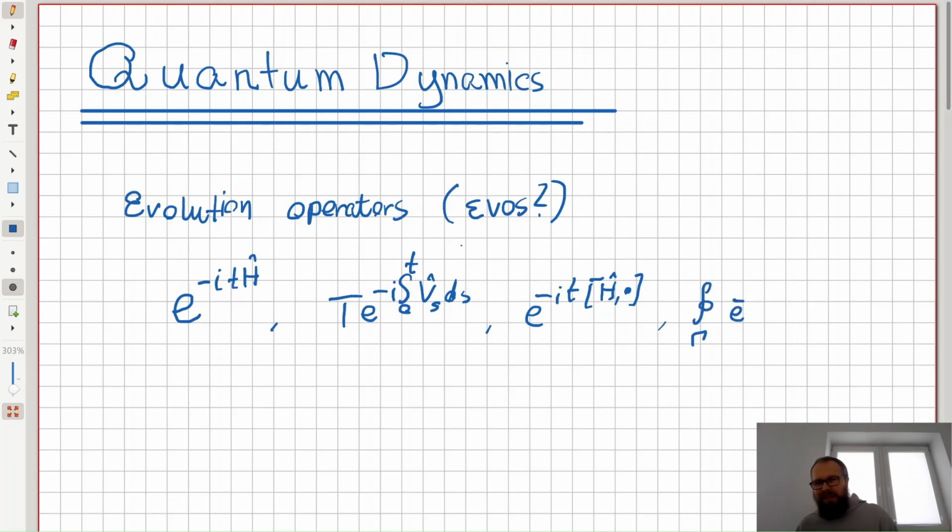So stuff like this: the integral over z of e^{-izt}, the resolvent (z·identity minus H)^{-1}, dz over 2πi. I don't know if you have seen this kind of beast, but this is also an evolution operator, okay? So stuff like this will be our subject.